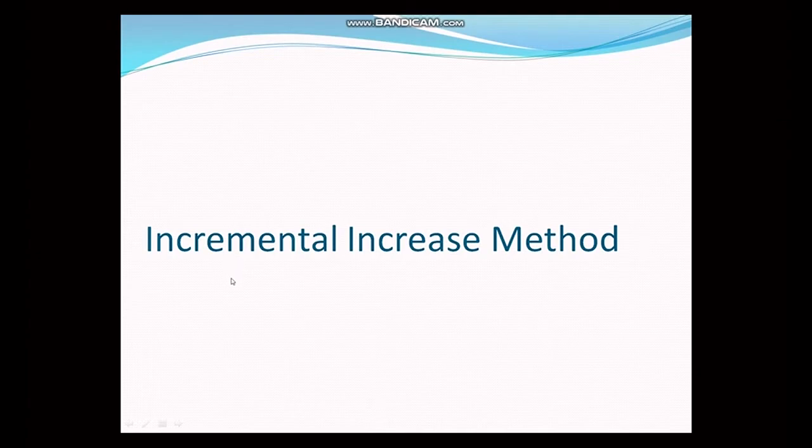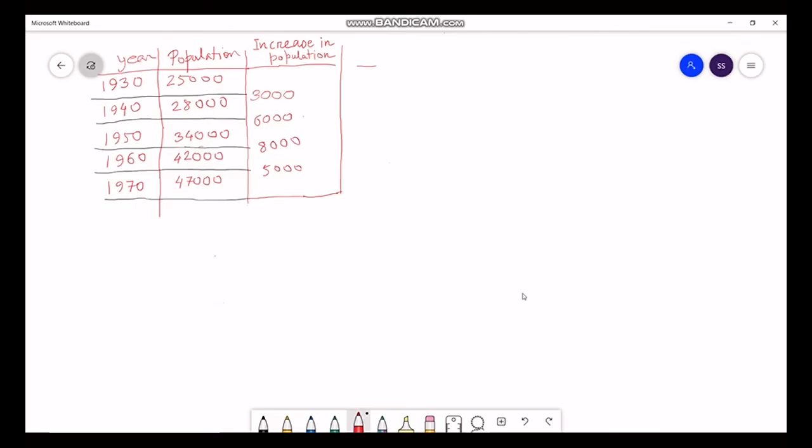Now let us solve the same numerical problem using the incremental increase method. In order to do so, first we need to calculate the increase in population over the decades.